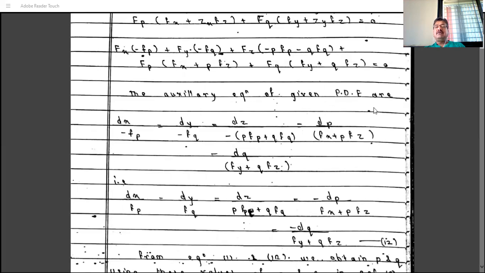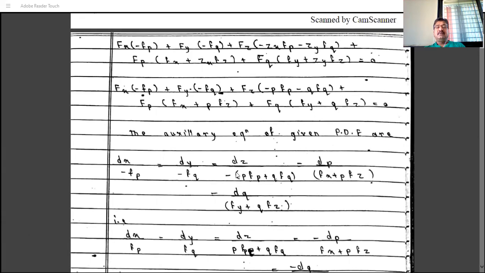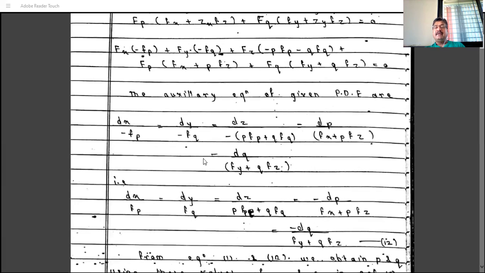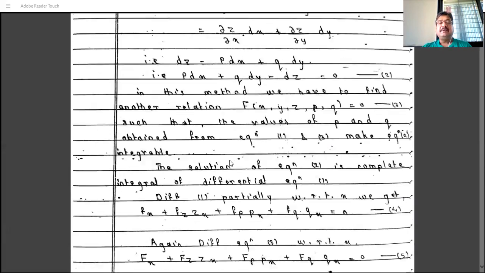And then the auxiliary equation of given differential equation are dx by minus f of p, dy by minus f of q, dz by minus p f of p plus q f of q, take minus sign common. So p f of p plus q f of q, dp divided by fx plus p fz, dq divided by fy plus q fz. So this is the auxiliary equation of the given differential equation.